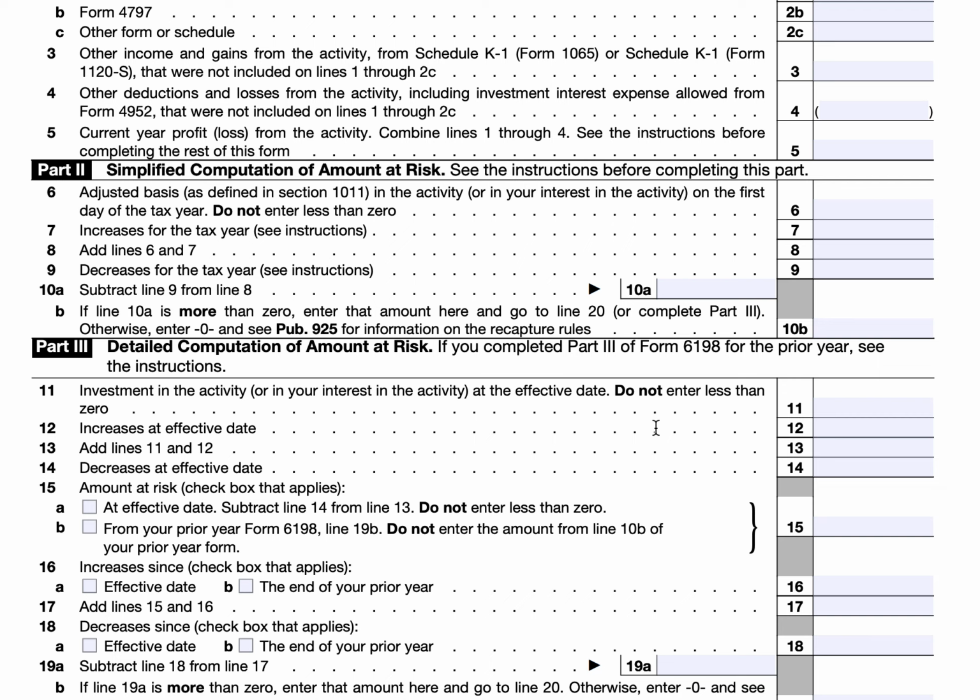And basically, this walks you through how much your investment in the activity was at the first day of the tax year after 1975. So once you complete the line 11 worksheet, you'll enter that amount into line 11.